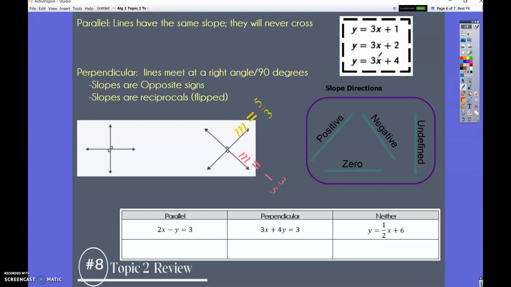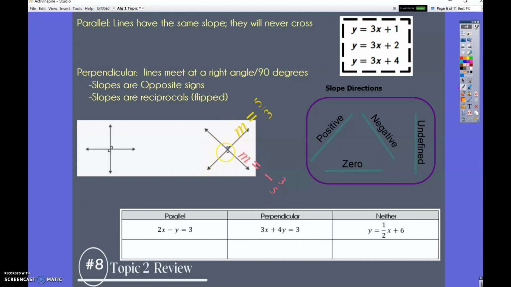They will never cross. Perpendicular lines, on the other hand, meet at 90-degree angles. It's important to note that if lines are perpendicular, for example, these down here in the picture examples, it could be a vertical line and a horizontal line, just like your X and Y axis is, or it could be a line maybe more like an X. It could be slanted a little more, maybe not.